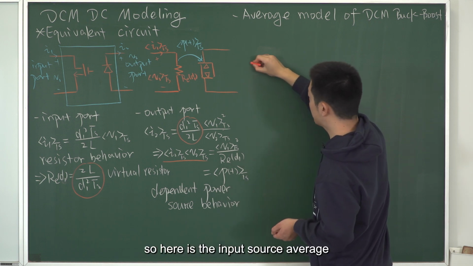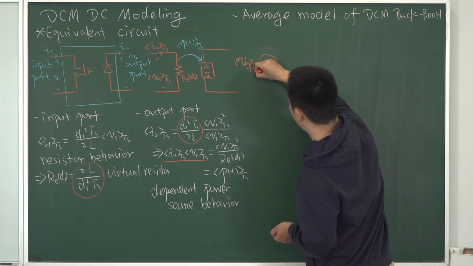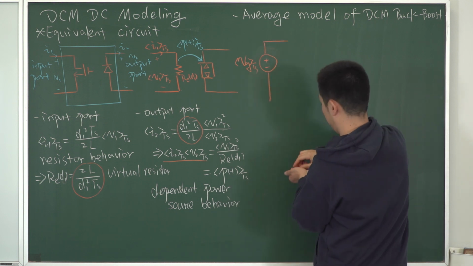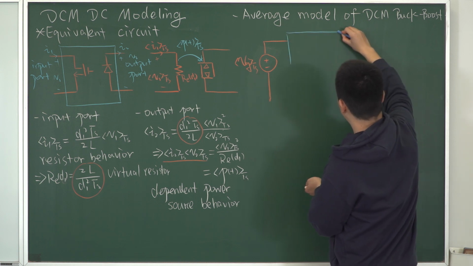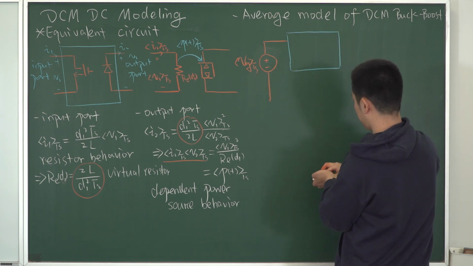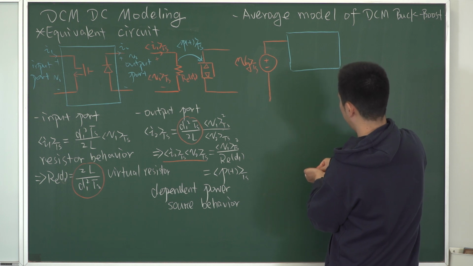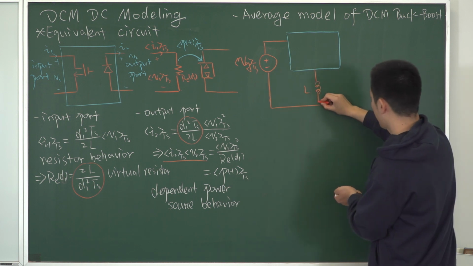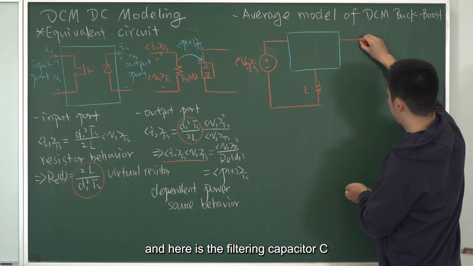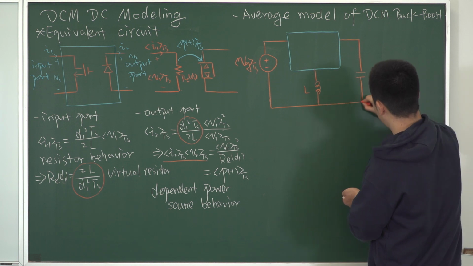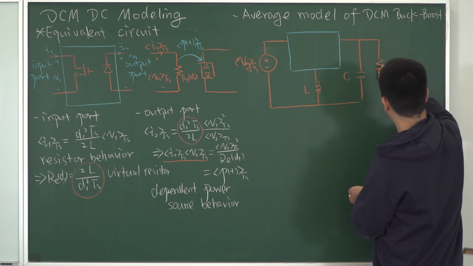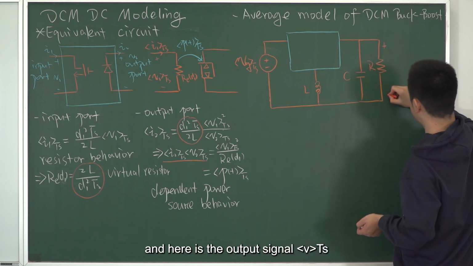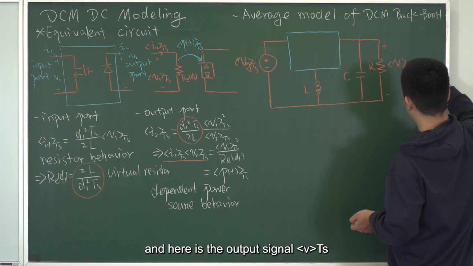So here is the input source average. And here is the switch network. Here is the inductor L. And here is the filtering capacitor C. Load resistor R. And here is the output signal, V average.